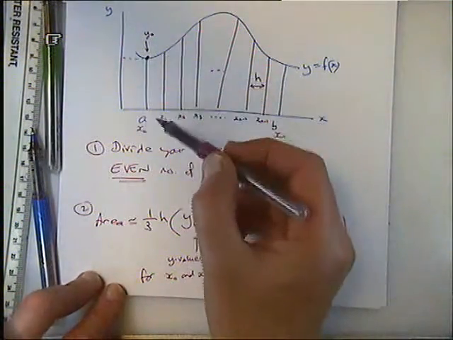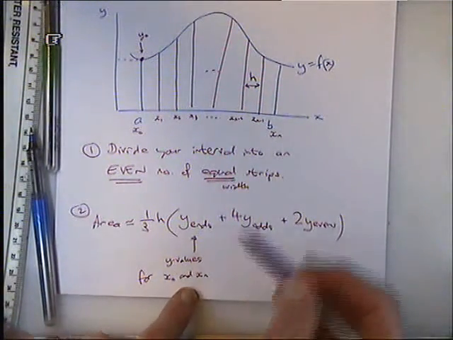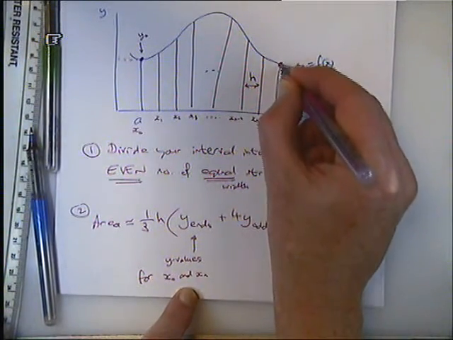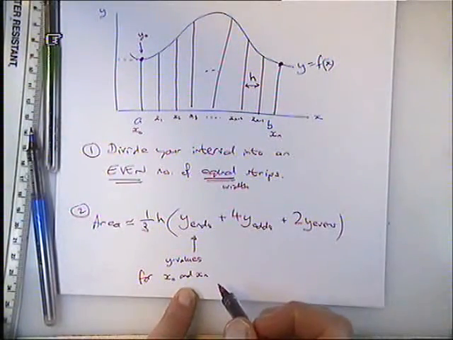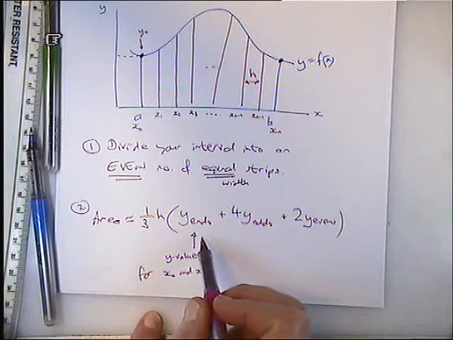So that's one end of my integration. The y at the other end will be the y value above xn, the height of the function there. In other words, the value of the function there. So you do the y values of the ends.